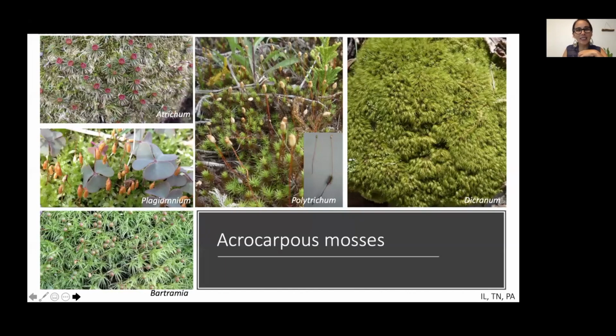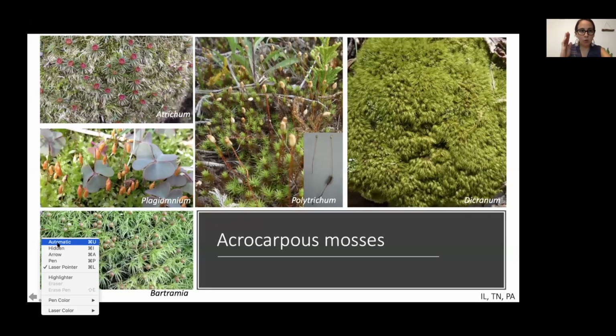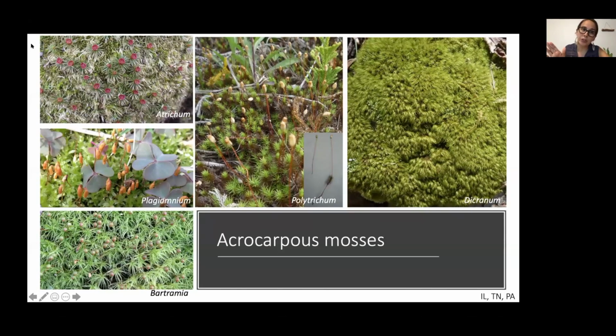Then in the mosses, we have two groups, the acrocarps and the pleurocarps. The acrocarpous mosses are the ones that grow straight up. If you want to identify shapes and differences, this is one of the things to look at, whether the moss is growing laying down or growing up.